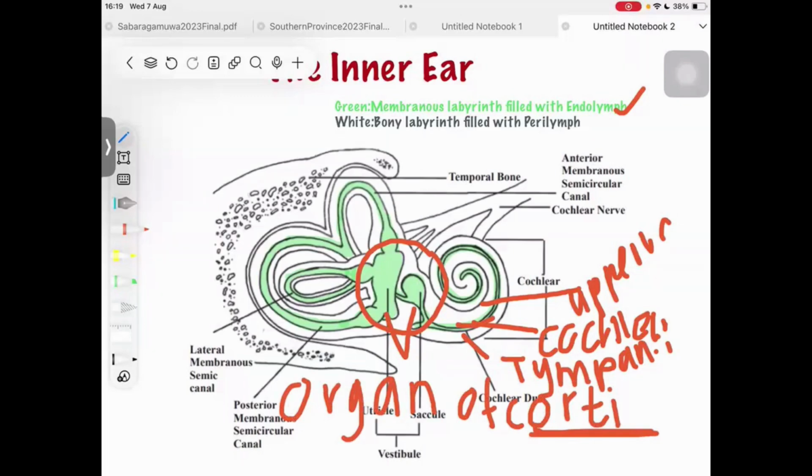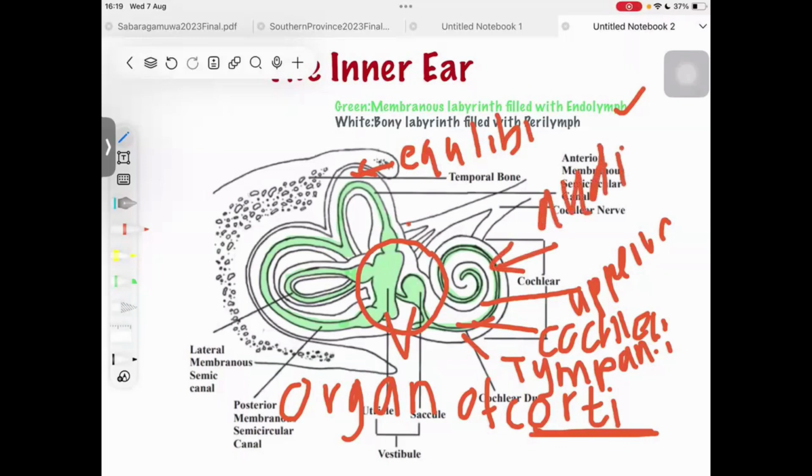So the semicircular canals will be used for equilibrium. The vestibule is also used to help with equilibrium, but if we are going to be specific, it helps to perceive position with respect to gravity or linear movements. And the cochlea actually helps in auditory reception.